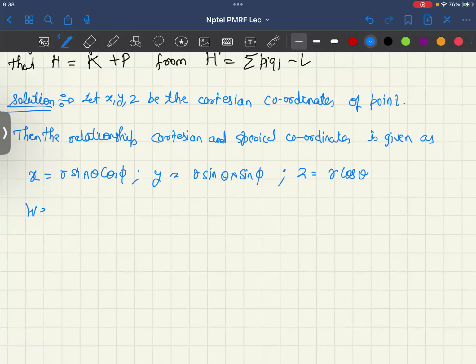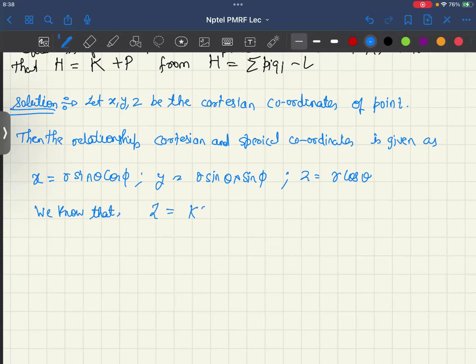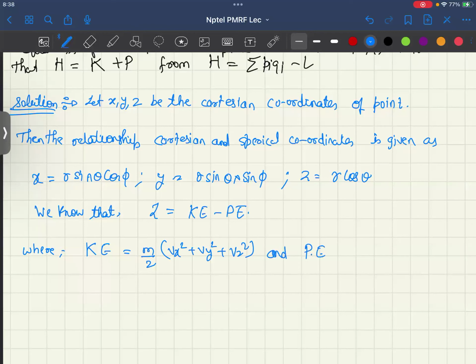Now here we know that the Lagrangian is nothing but kinetic energy minus potential energy, where kinetic energy is nothing but half m times (x dot square plus y dot square plus z dot square), and potential energy is equal to U of r.